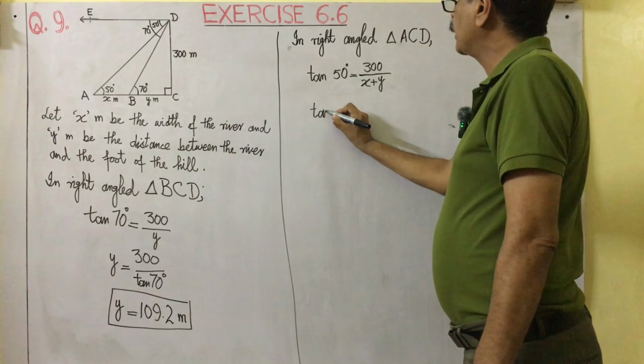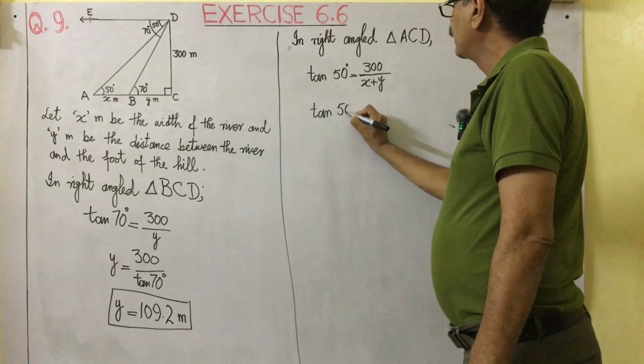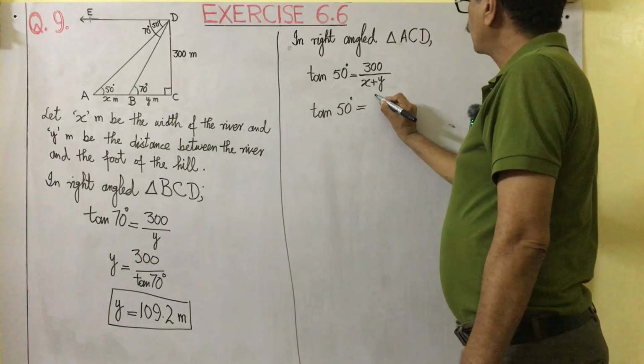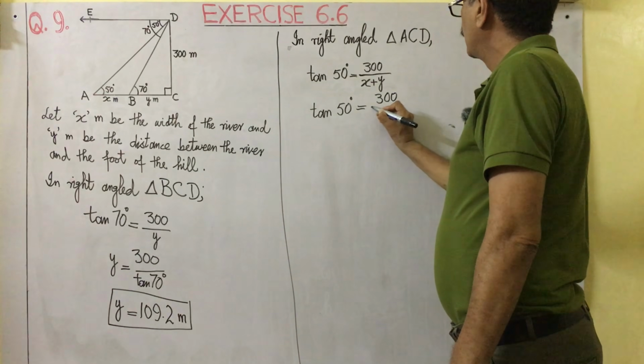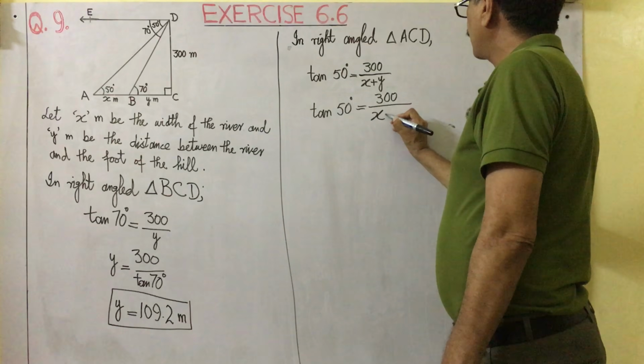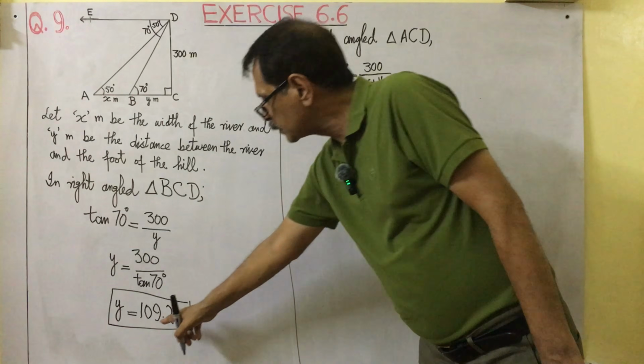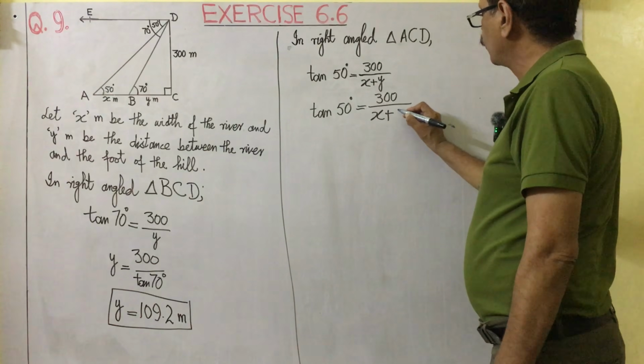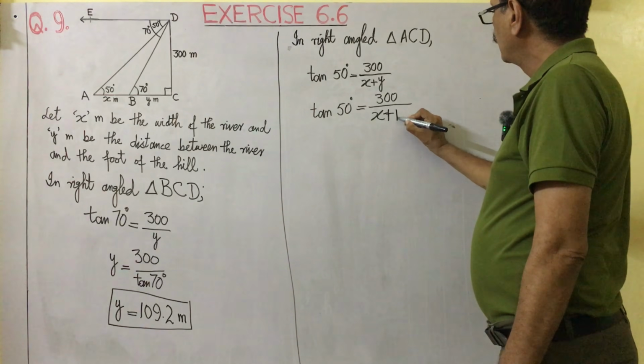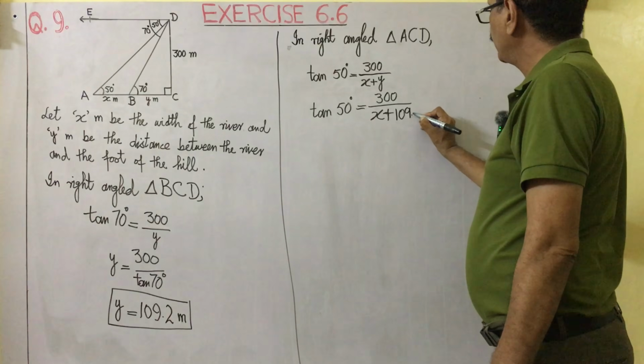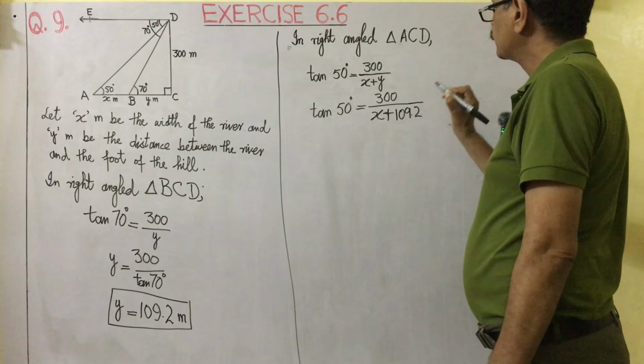Tangent of 50 degrees is equal to 300 over x plus y, putting the value of y, which is 109.2 meters.